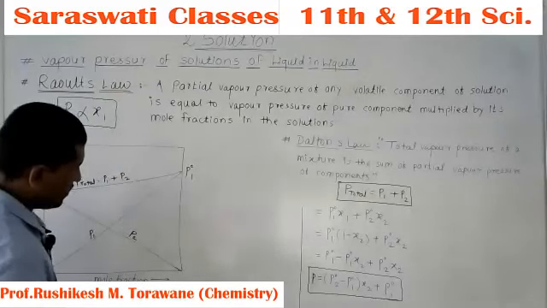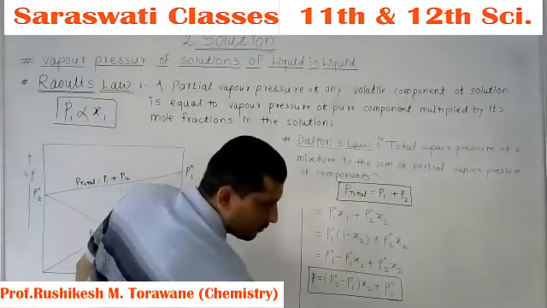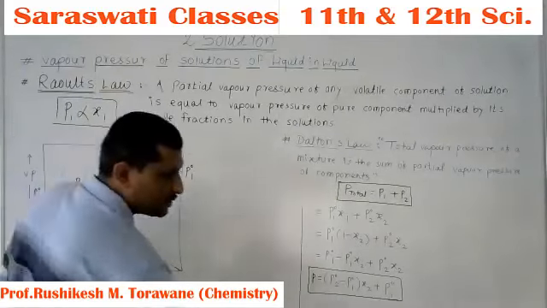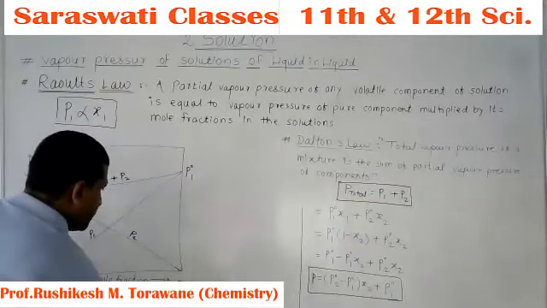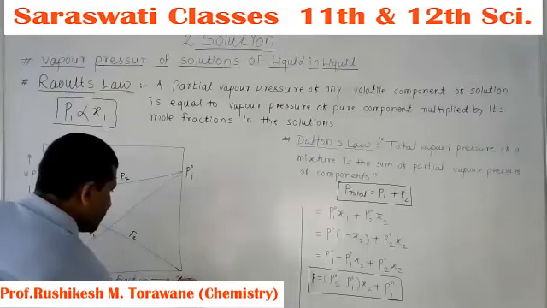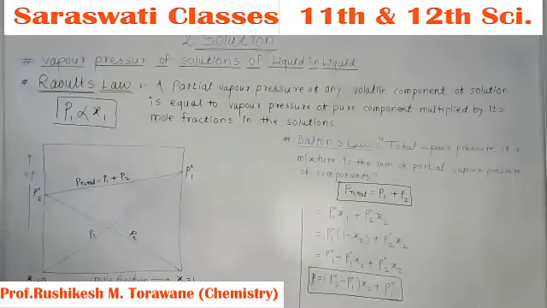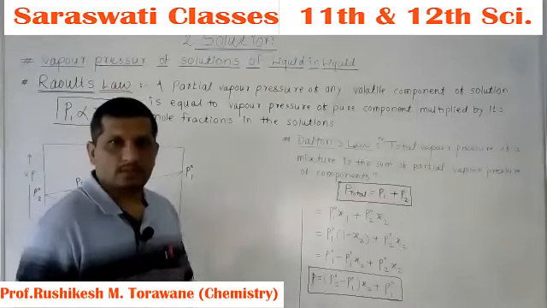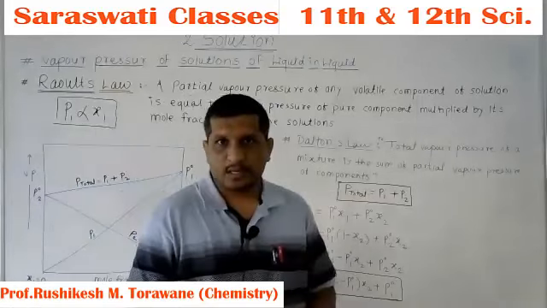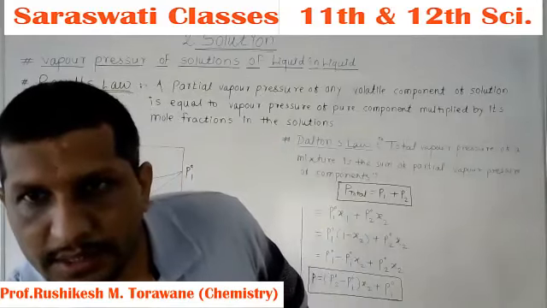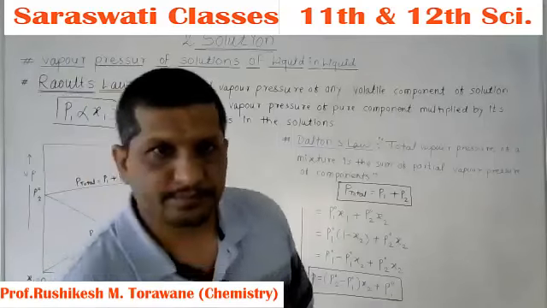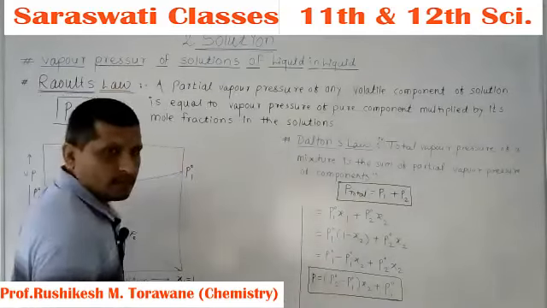What is the other representation? On one side x1 is equal to 0 and on the other x1 is equal to 1. Last 10 minutes are remaining. The graphical representation is completed.